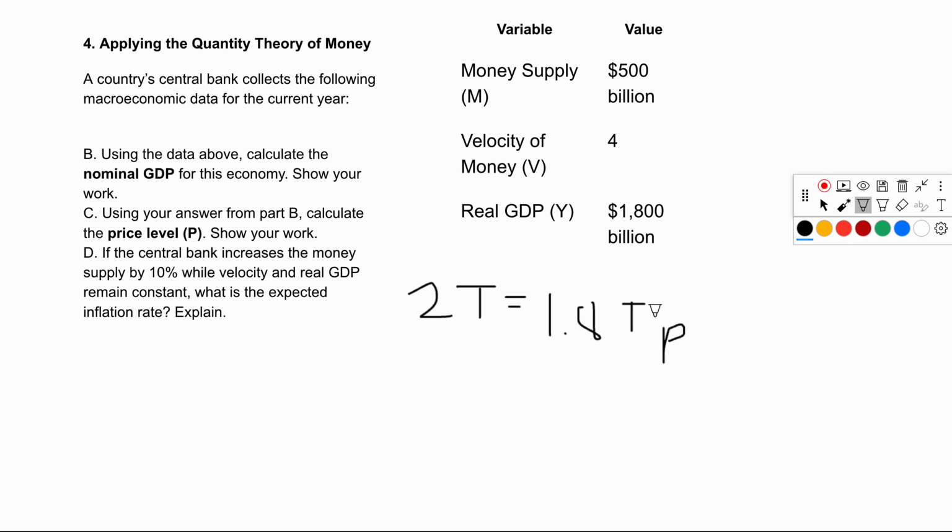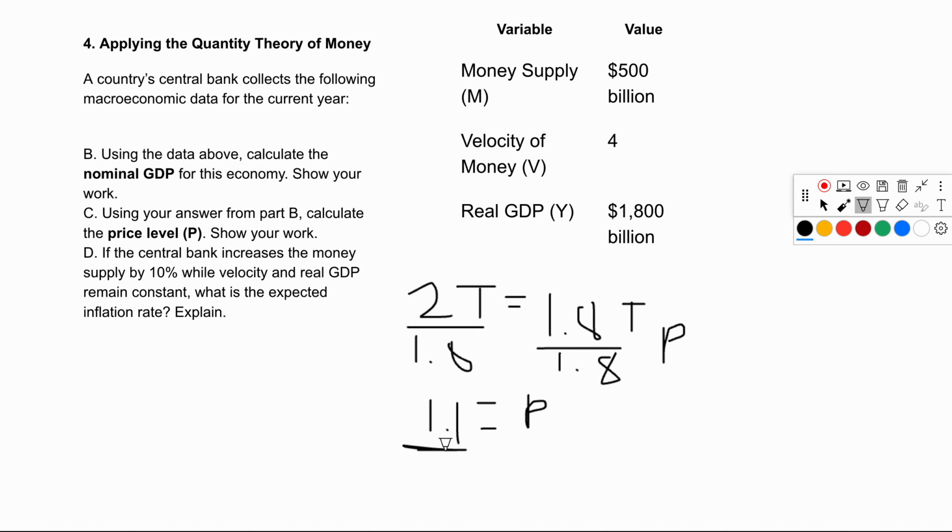So it's kind of like a basic math problem. What do we do here then? How do we solve for P? Well, it's like math. You would divide by 1.8. So divide both sides by 1.8. To divide by 1.8, let me do a calculator real quick. About 1.1, let's say. So 1.1 is equal to P. So P is just 1.1.